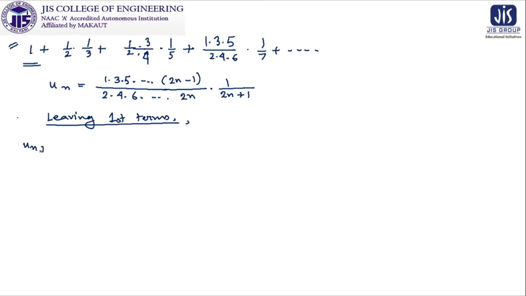But after that nothing is so important, because we can find out un plus 1, and then also un by un plus 1, and un by un plus 1 will be, for this problem, (2n plus 2) into (2n plus 3) by (2n plus 1) whole square.